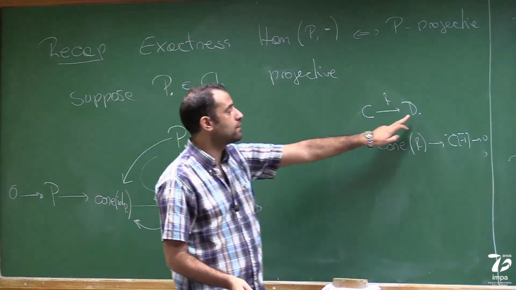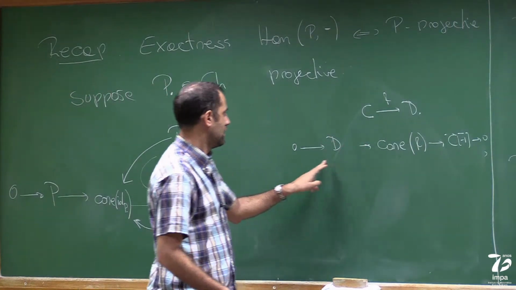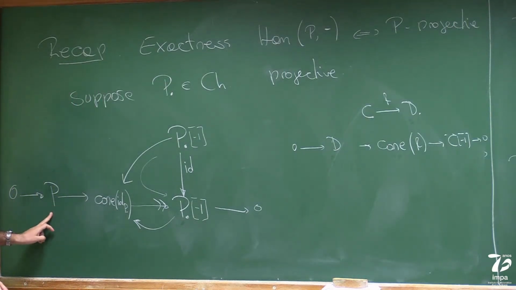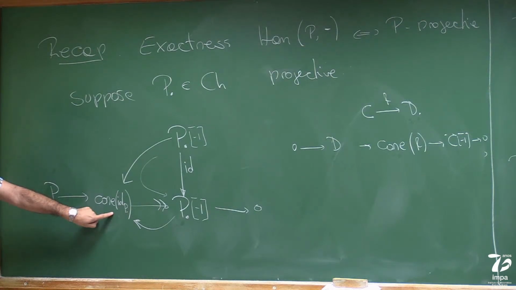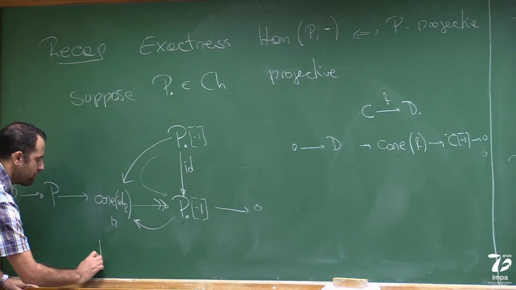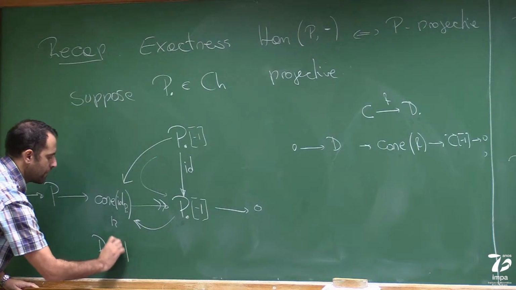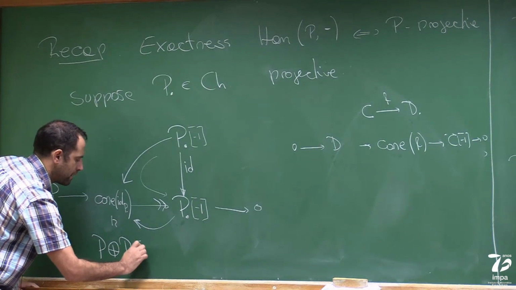So if I take C equal to D equal to P, the kernel of this map is P. So that means that this makes the cone of the identity into a direct sum of P plus P shifted by -1.